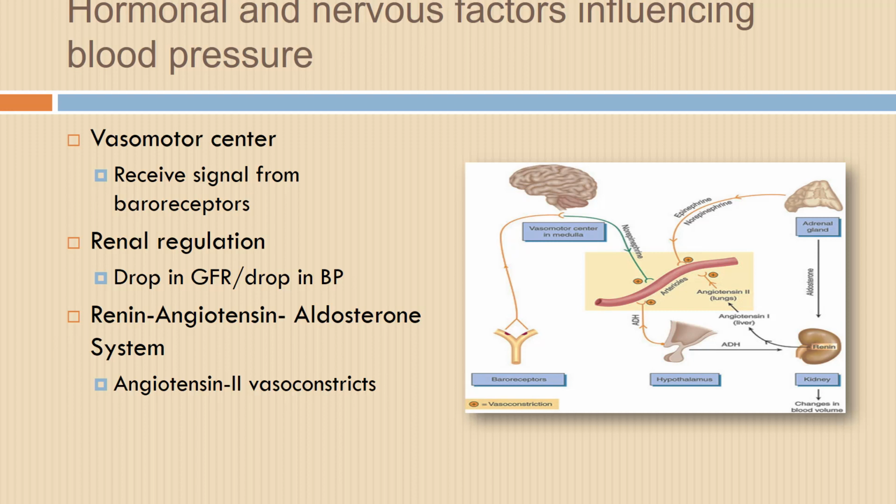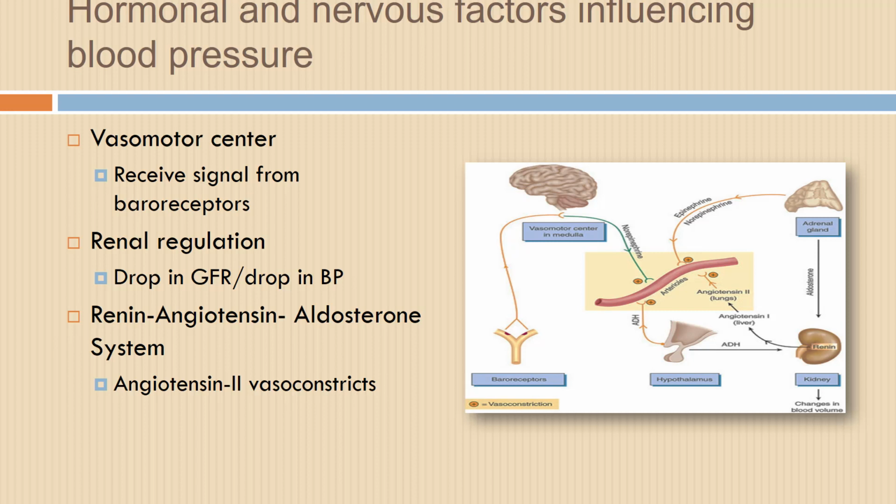When pressure drops, signals are sent from the baroreceptors to the medulla oblongata, what we call the vasomotor center. The sympathetic nervous system is activated, and the alpha-1 receptors in blood vessels are stimulated. Vasoconstriction occurs.